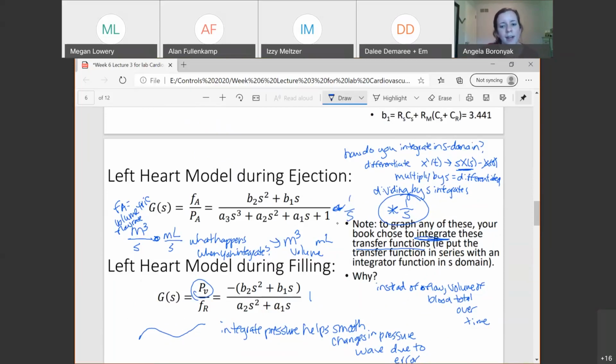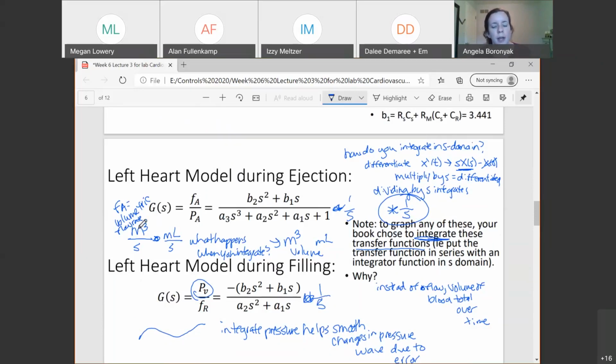Why did they integrate? It's a little weird. You could actually look at these without integrating if you wanted to. But for one thing, it makes a little more sense in our ejection model to integrate, because I'm talking about flow as my output versus pressure in the aorta, right? Flow through the aorta versus pressure in it.